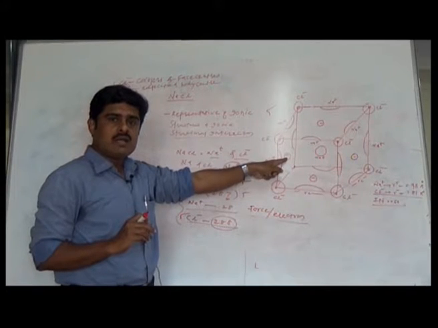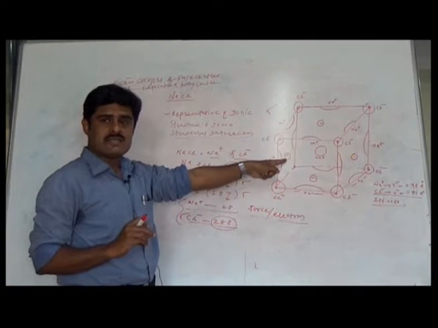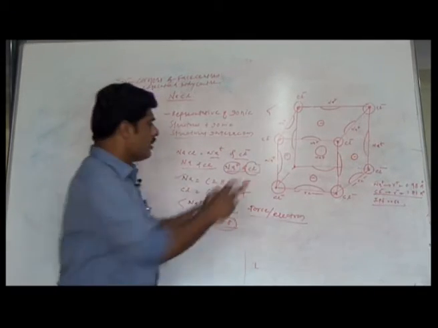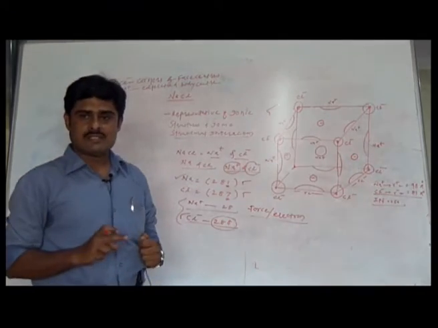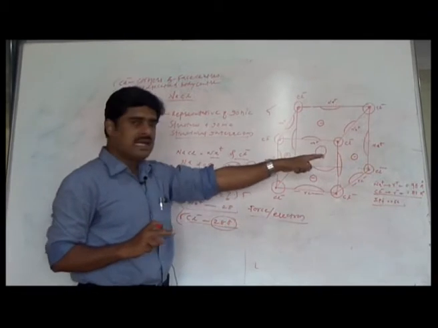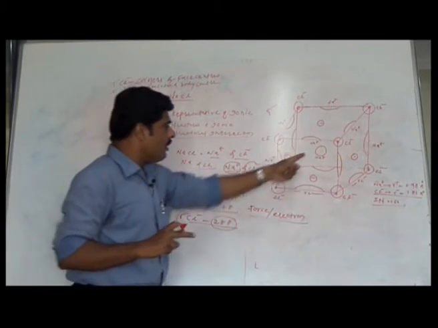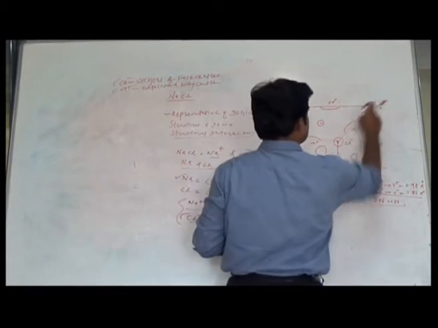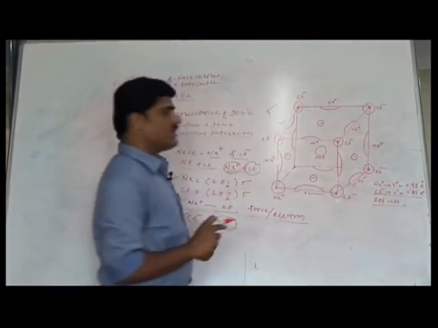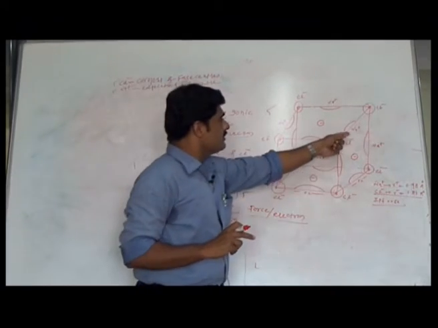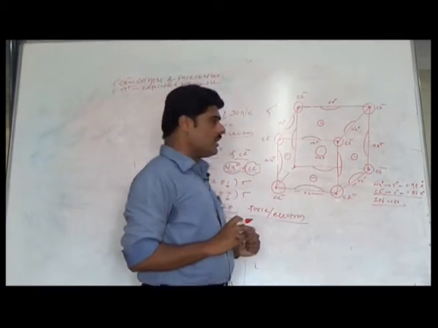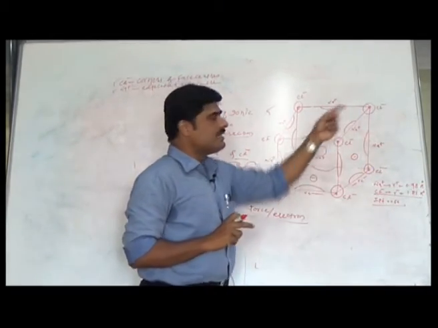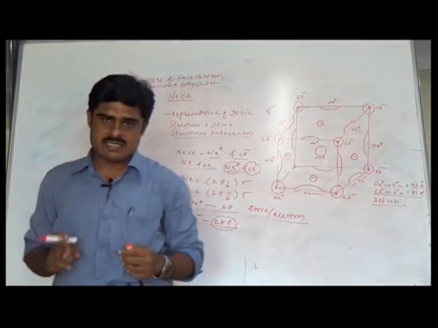It does mean that corners are repelling the face centers. Face centers are repelling each other. Body center is attracting the face centers. Then corners are repelling each other. But the edge center is attracting the corners. The body center is attracting the corners, but the body center is repelling the edge centers.